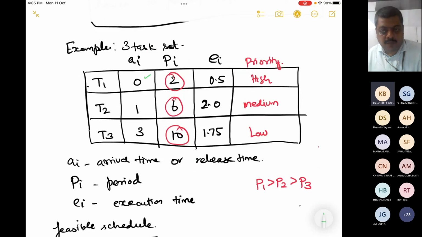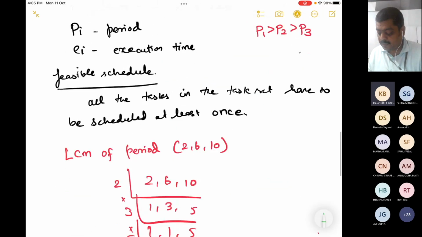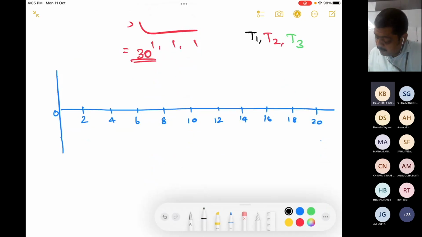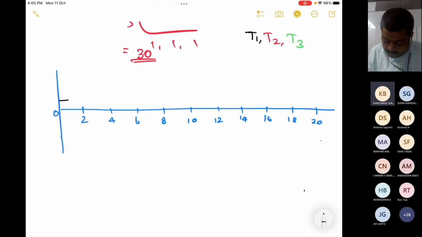That means by time 0 the task is ready. But T2 comes only at 1, and T3 comes only at 3. So T3 releases only at time unit 3. The execution time of T1 is 0.5, and the period is 2, so it repeats every 2 time units. So now, as per the black color, 0.5 time units.